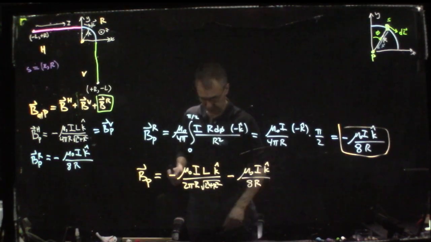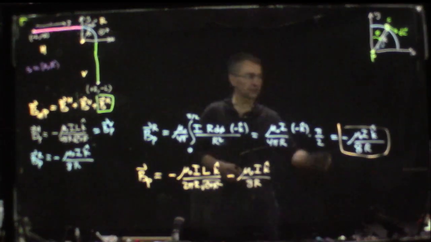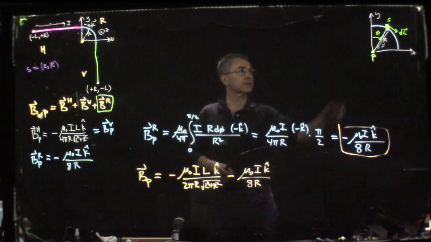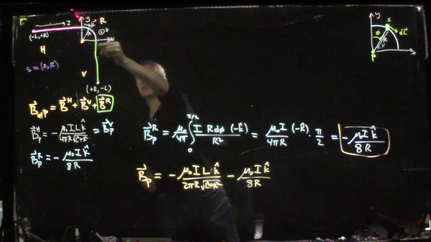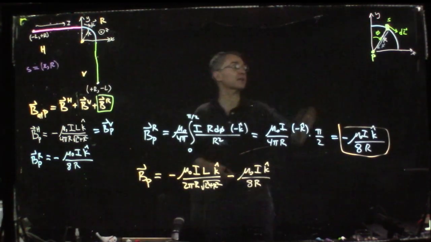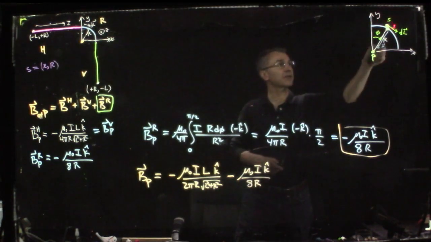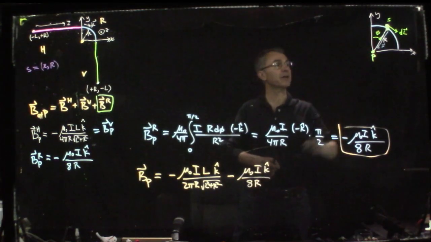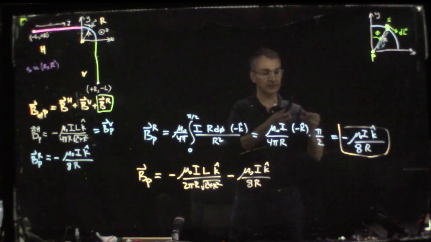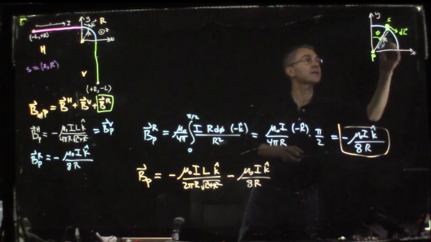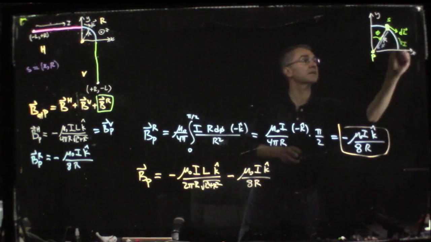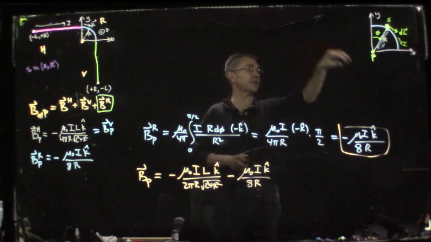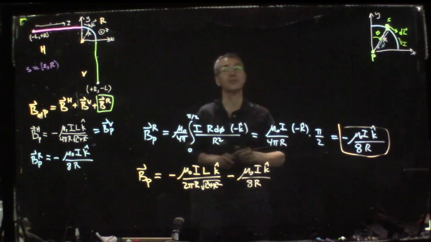Okay, let's reproduce this result, just the curved part of the segment. I drew this a little bigger over here, and here's my source point S, and here is my point P where I want to evaluate the field, and the current is flowing clockwise, so my dl has to be the tangent vector oriented clockwise.